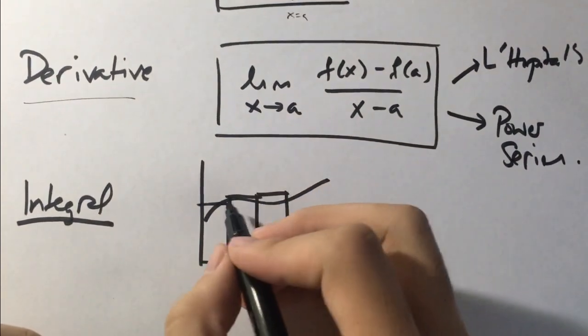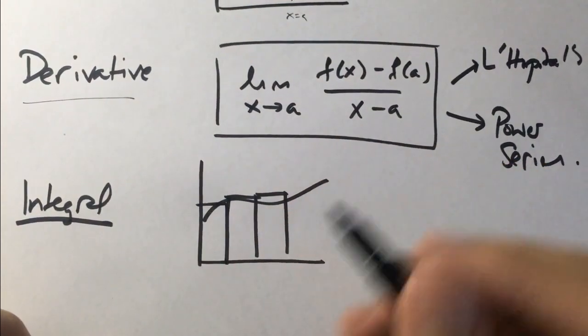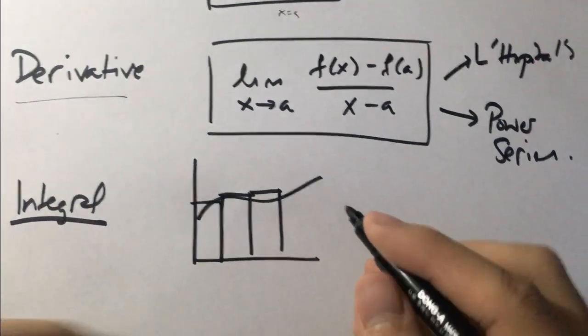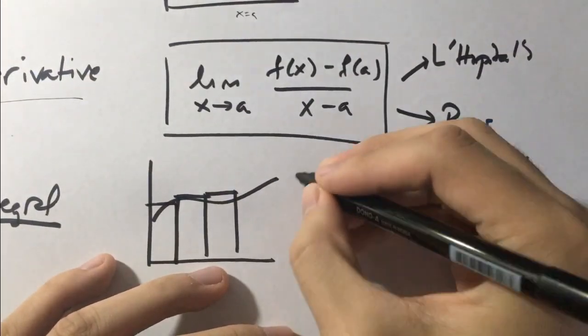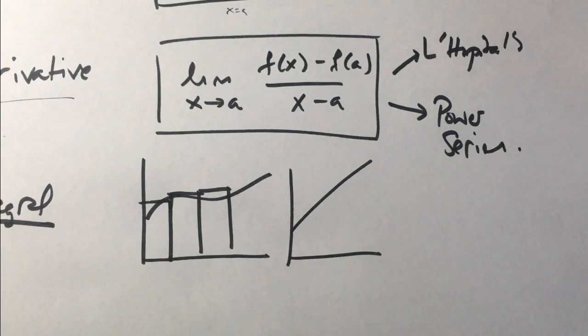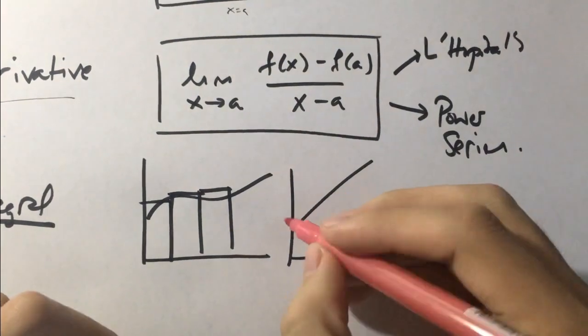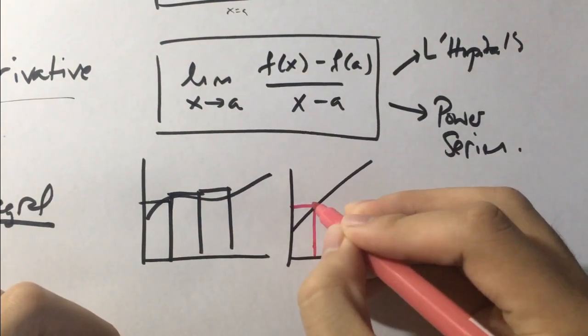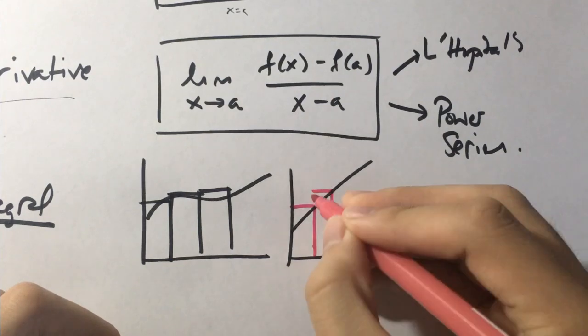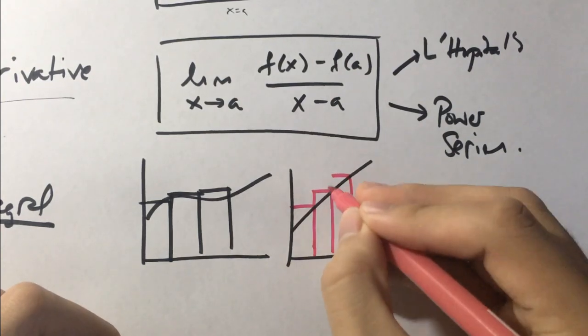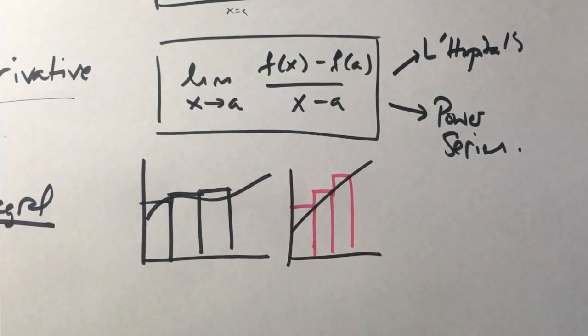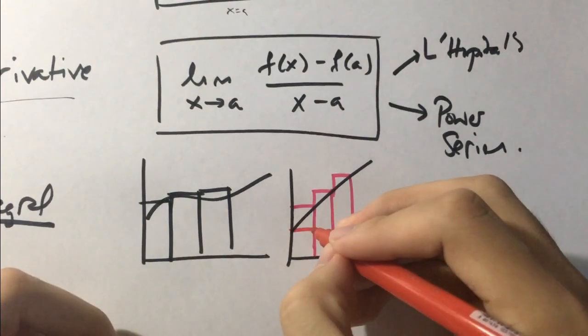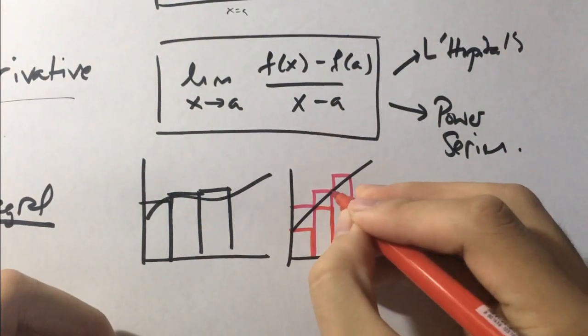But then there is a biggest box that you can draw and a smallest box that you can draw, right? If I have a line like that and I divide it equally, the biggest box I might be able to draw might look something like this, whereas the smallest box I can draw will only look something like that.